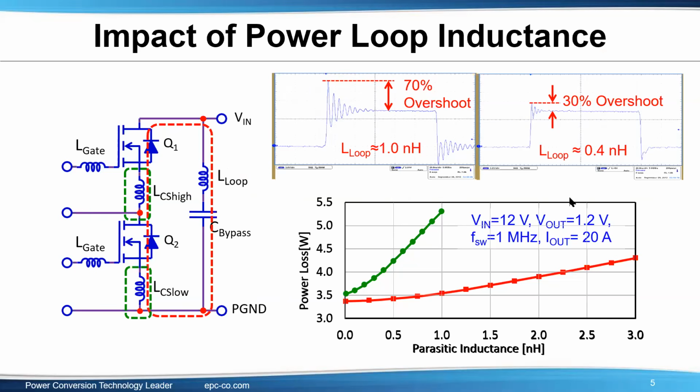For 200-volt GaN, what is the recommended minimum distance between the top and inner layer? Oh, that really depends on the dielectric capability. The dielectric capability of the FR4 is quite good. So that's something you need to ask your PCB manufacturer.